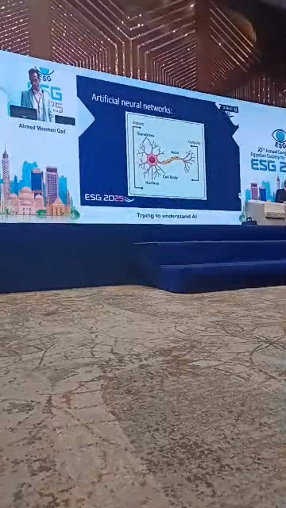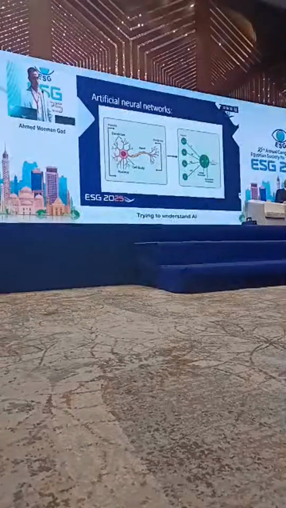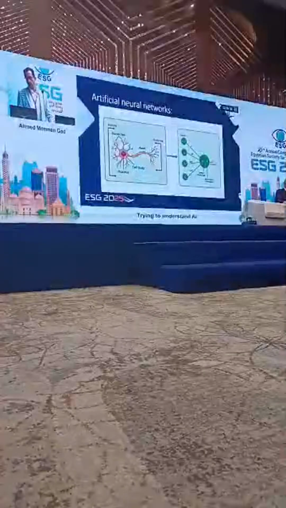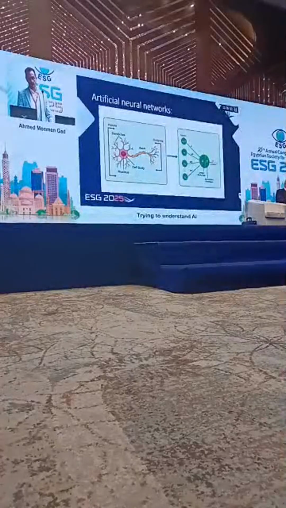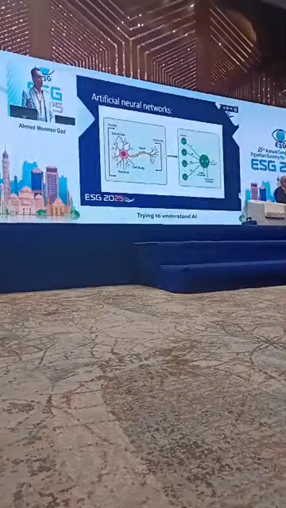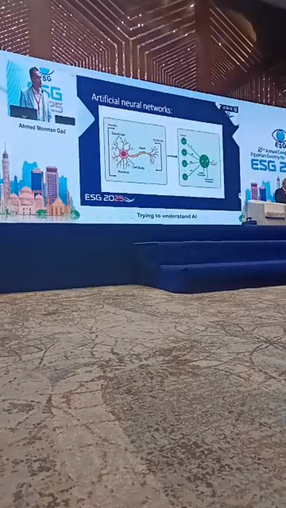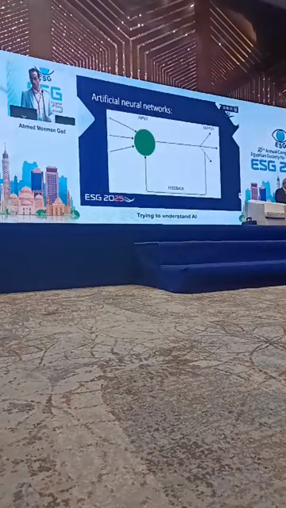These figures inspired scientists to develop a mathematical model. In this mathematical model, which you can see here on the right side, the input can enter through multiple ways to be processed in a mathematical formula to get the output. I can look at this output.